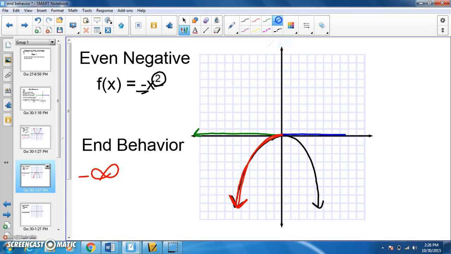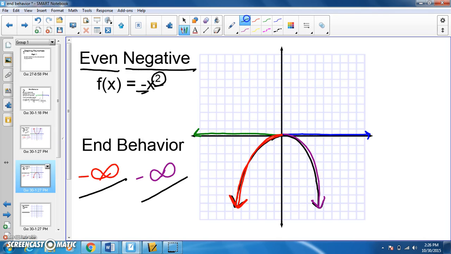Then, as our x values are approaching positive infinity, the values of our graph are going down as well and approaching negative infinity. So when we have an even degree with a negative leading coefficient, our end behavior is negative infinity and negative infinity.